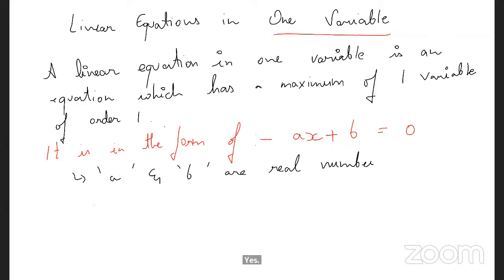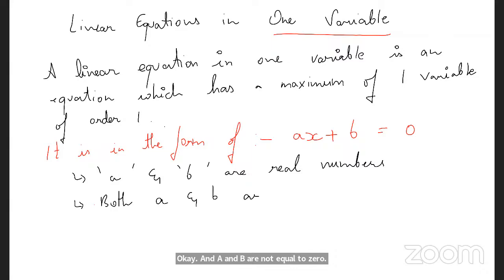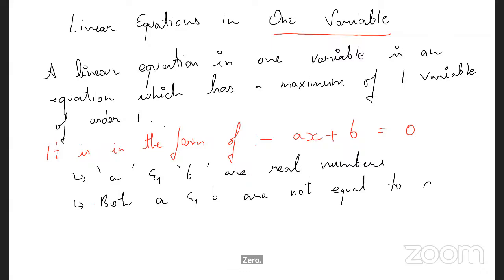Okay, and a and b are not equal to 0. Both a and b are not equal to 0, and x is the variable.